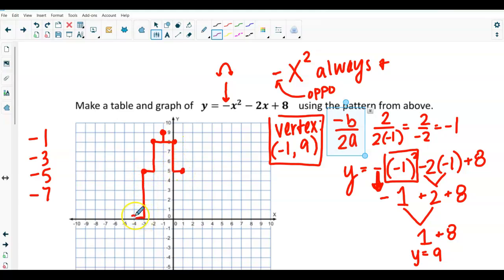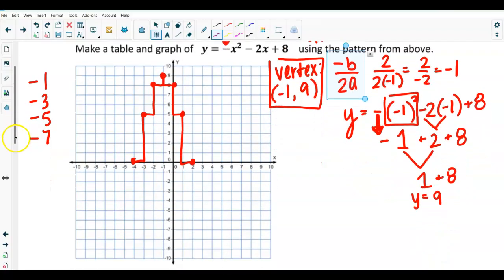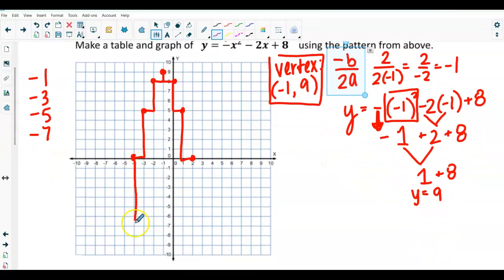We'll shrink by 5 in each direction. And we'll keep that pattern going for as many spots as we can fit on our graph, and actually this is where we end it. So this is our parabola. I'm fine if you leave it like that. If you want to erase the inside of the parabola, you may do that as well.